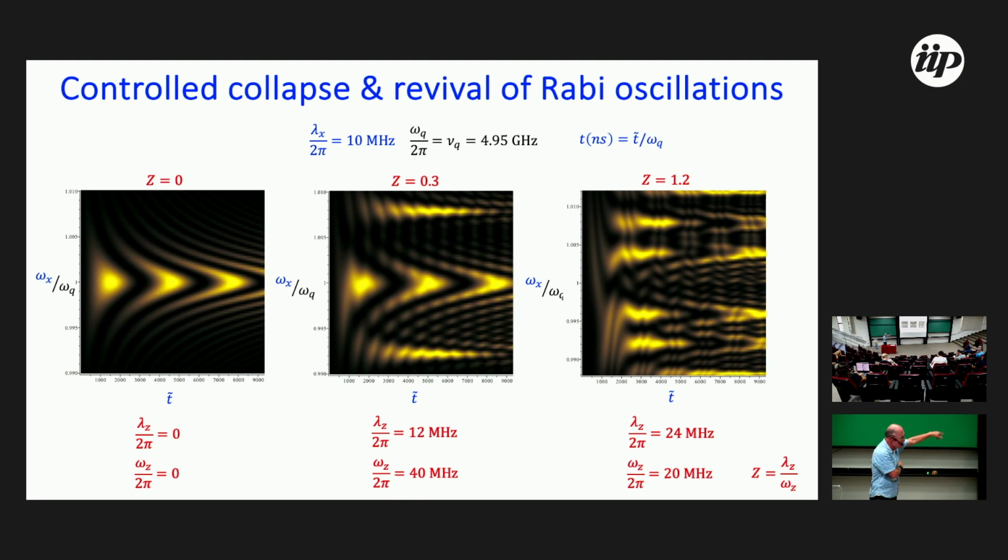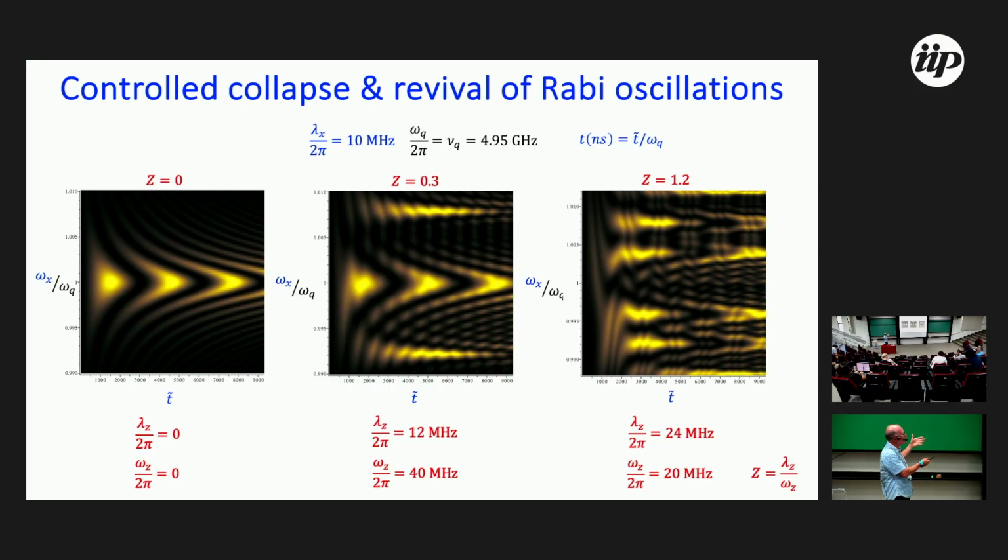And here lambda z is the intensity of the drive, and omega z is the frequency of the longitudinal drive. So if this is 0, there's no drive, right? But then we increase it, and also the frequency, because we want to look at this ratio.